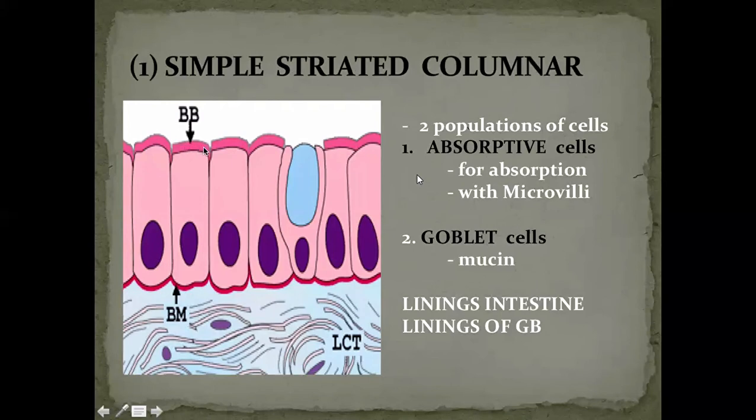So these are your modifications. The absorptive cells, of course, absorptive because they are for absorption and they have microvilli. And the goblet cells, this one, for the production of mucin. So they are seen in the linings of your intestine and the linings of your gallbladder. Okay?